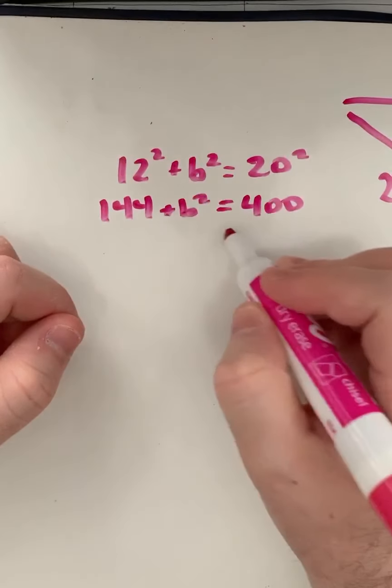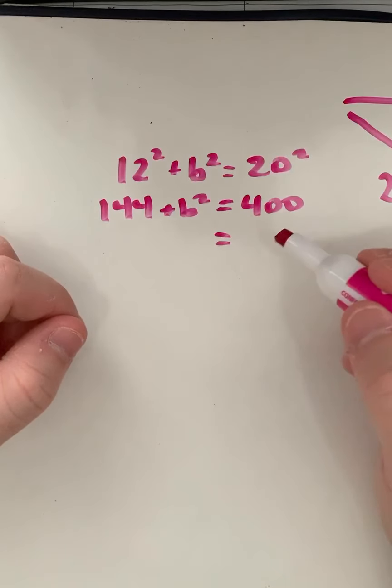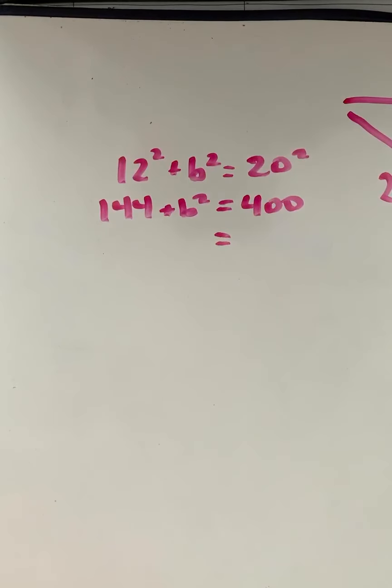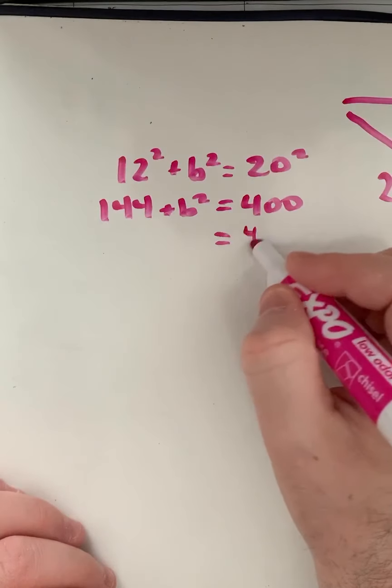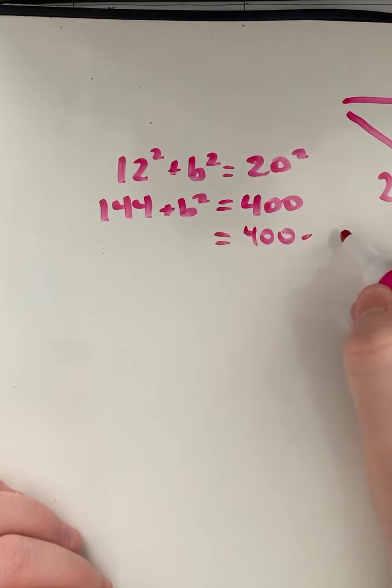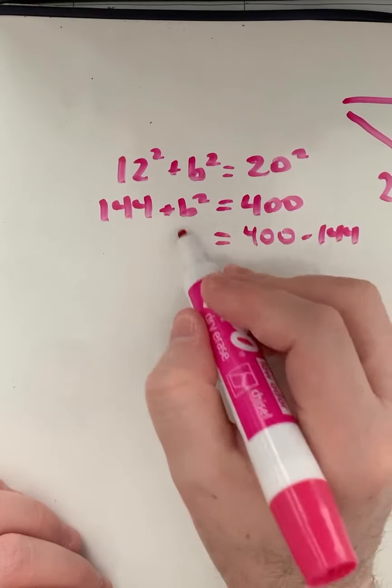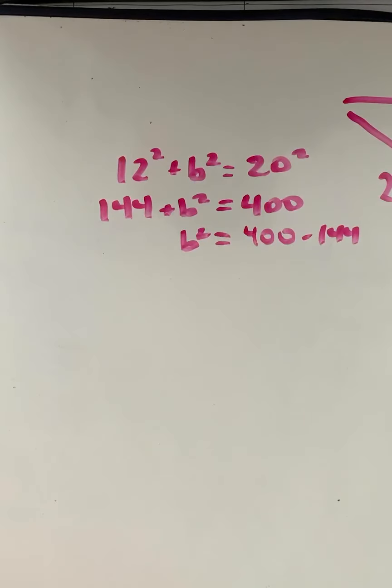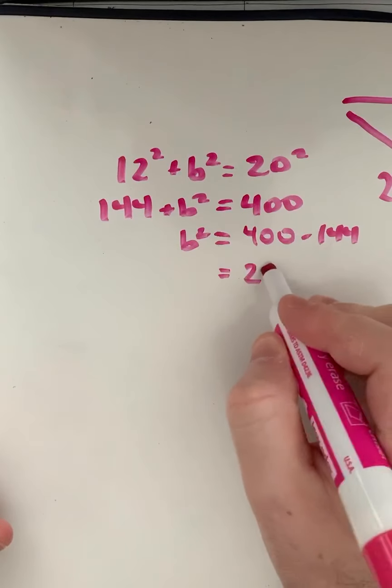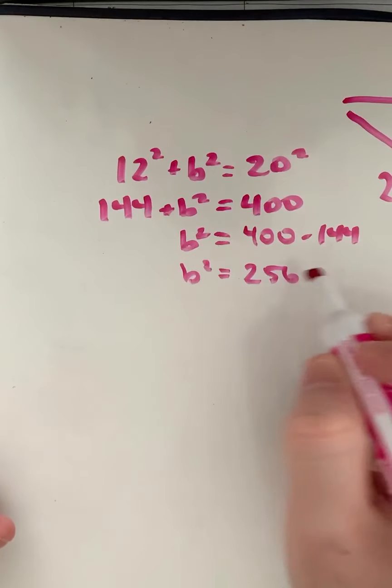So 400 minus 144 equals b squared, which is 256.